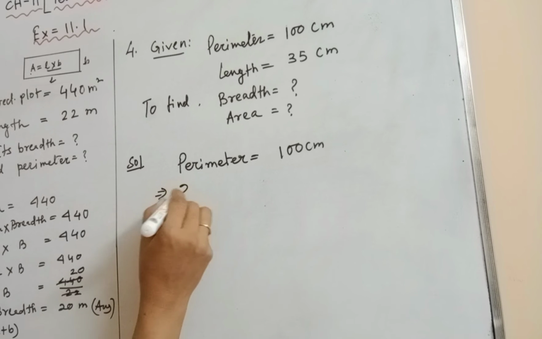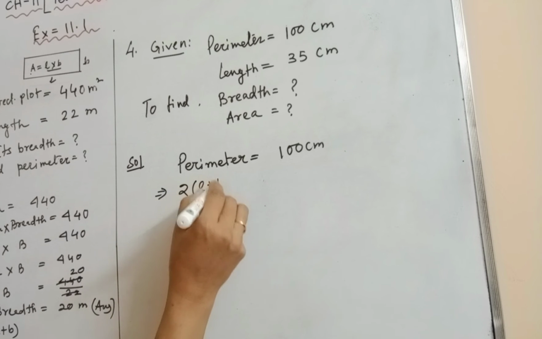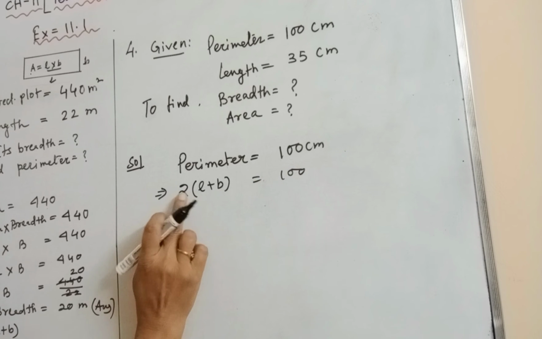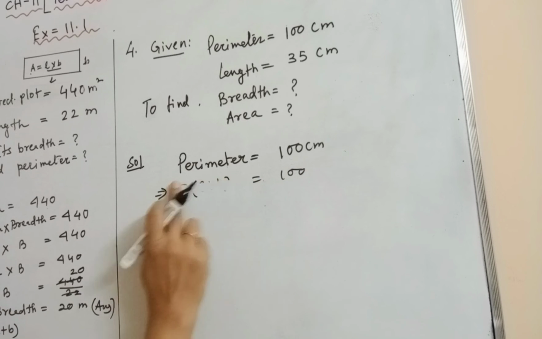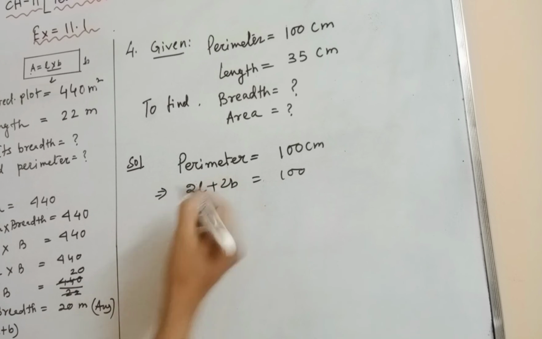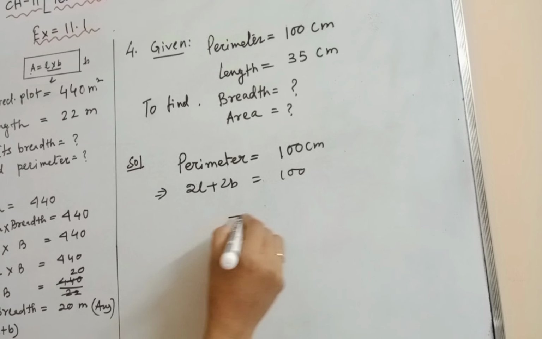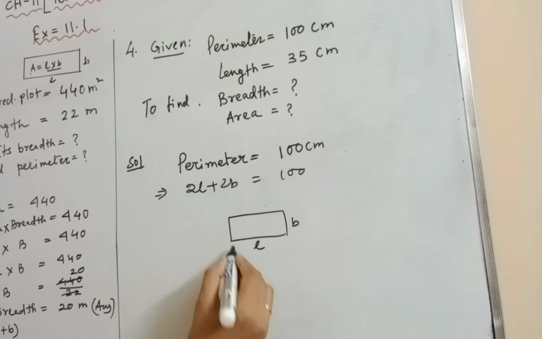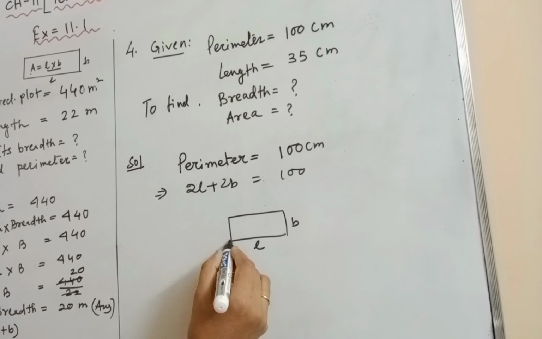Now it is given that perimeter is equal to 100 centimeter. Perimeter means 2 into L plus B is equal to 100 centimeter, or instead of 2 into L plus B we can write 2L plus 2B. Can I write? Because in a rectangle, what will be the perimeter? If it is length and it is breadth, the total length of the boundary is known as perimeter.